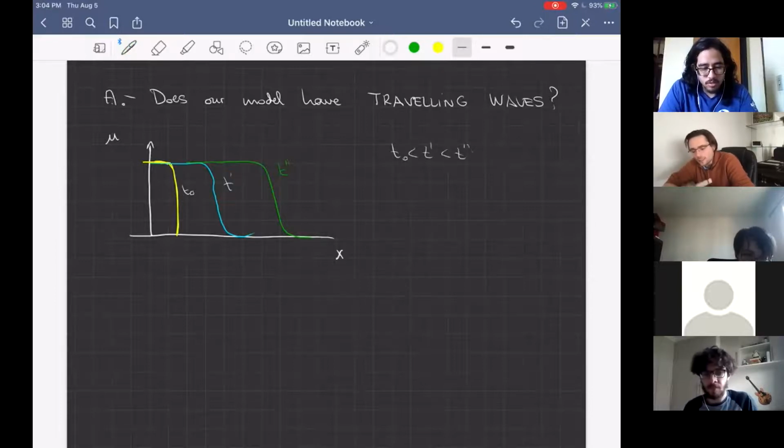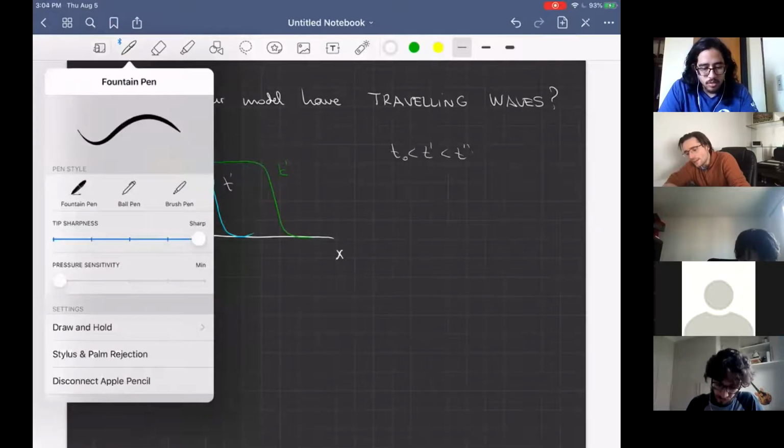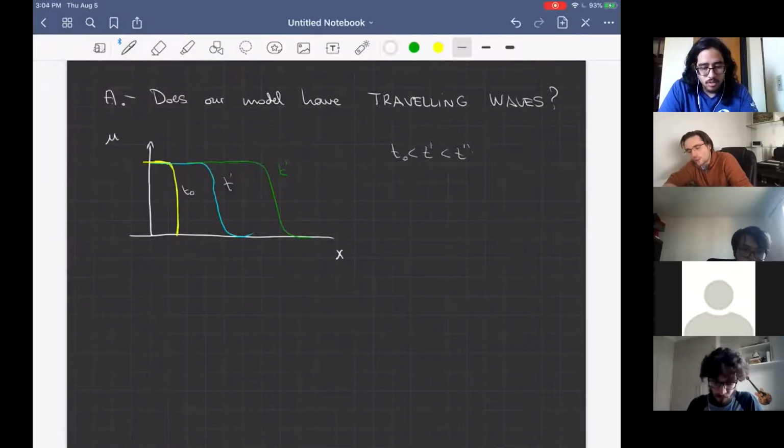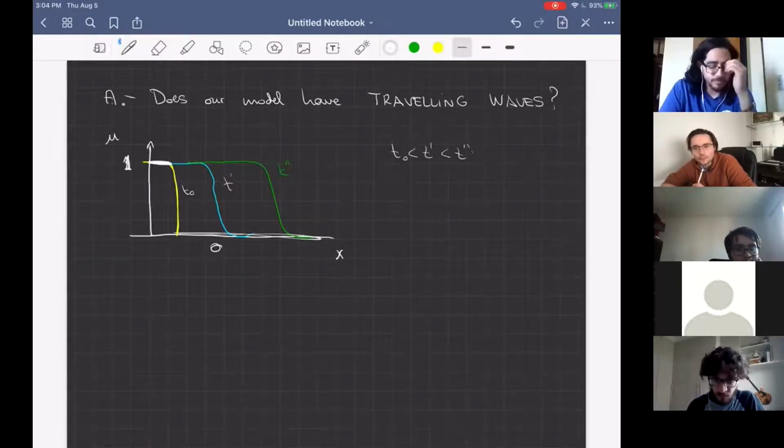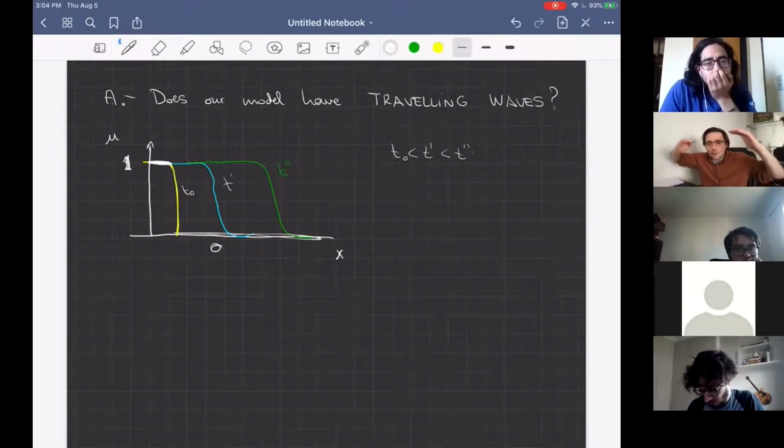So what I want to know is, if I start my dynamics with a non-uniform solution in which a part of the system has individuals, let's say it's 1 for simplicity, and another part of the system is 0, has no individuals, what's going to happen? Both of my solutions are in fixed points, right?